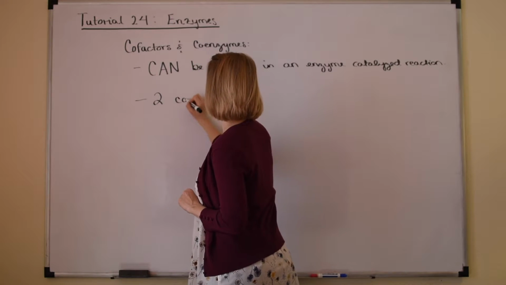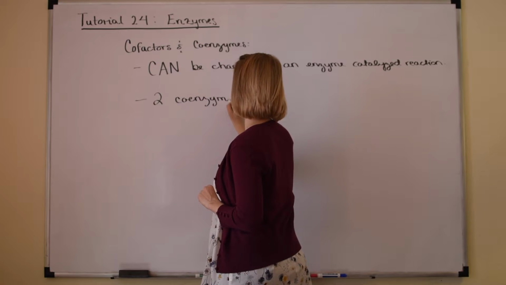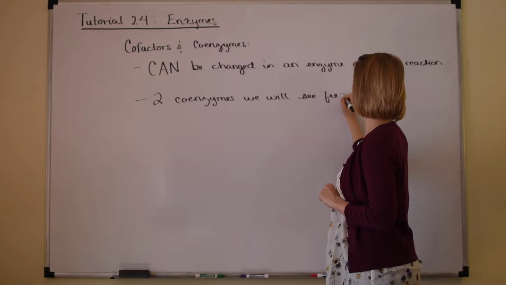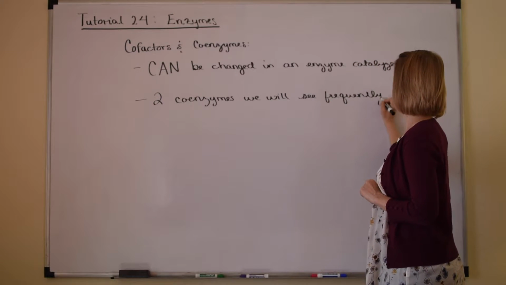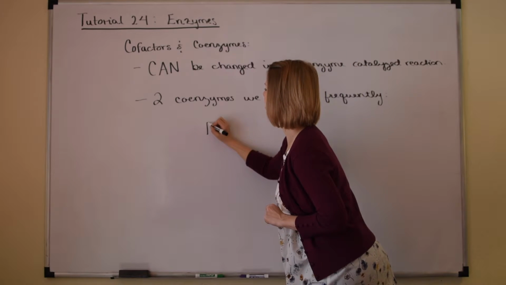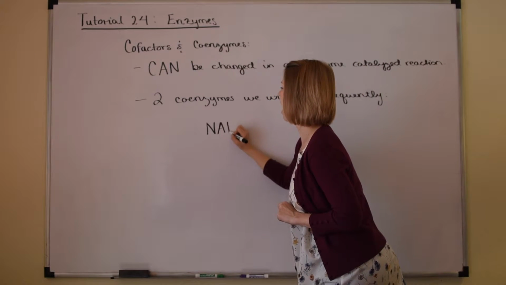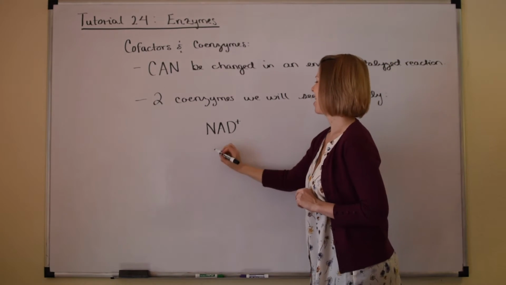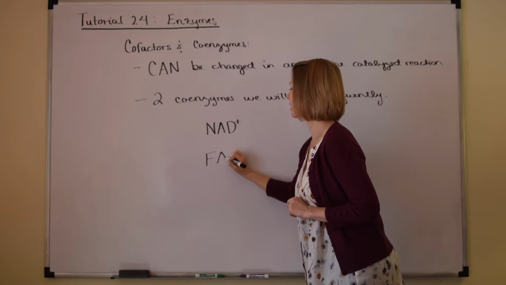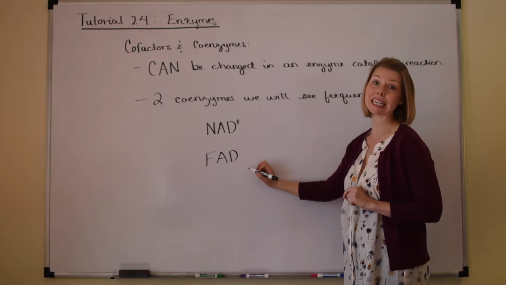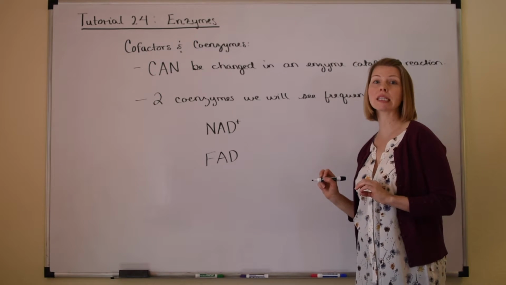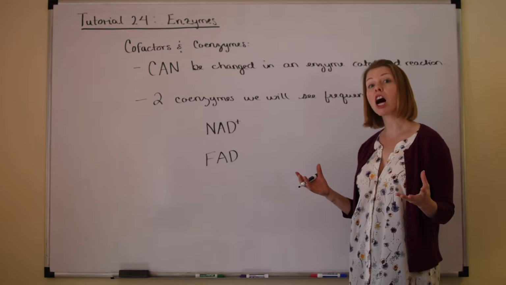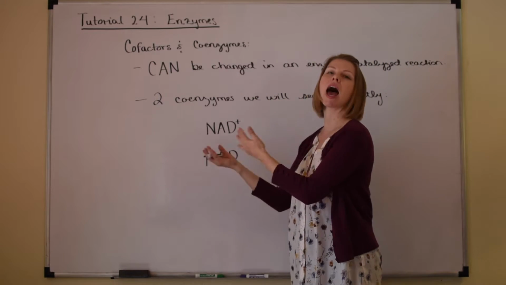So two coenzymes we will see frequently include nicotinamide adenine dinucleotide, NAD+ for short, and flavin adenine dinucleotide, or FAD for short. And these coenzymes will be involved in redox reactions. So we will see them oscillating between their oxidized and the reduced forms.